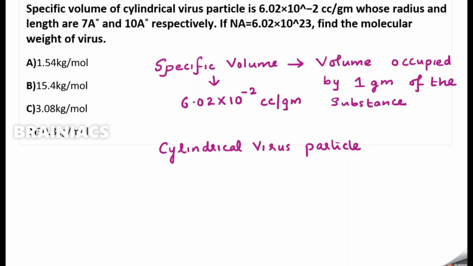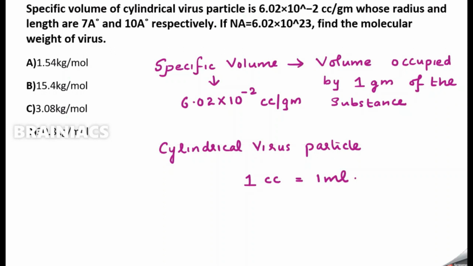So let me say one thing about cc actually. Cc means cubic centimeter. So 1 cc is equal to 1 ml. This you should know. This is a fundamental relationship. Cc means centimeter cubed.